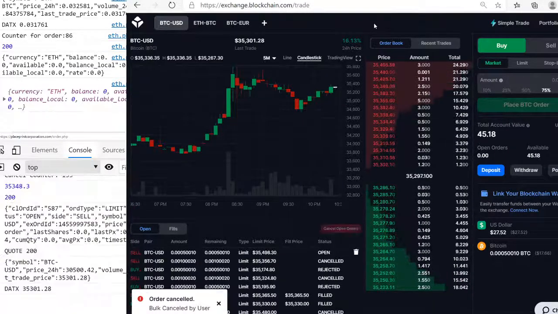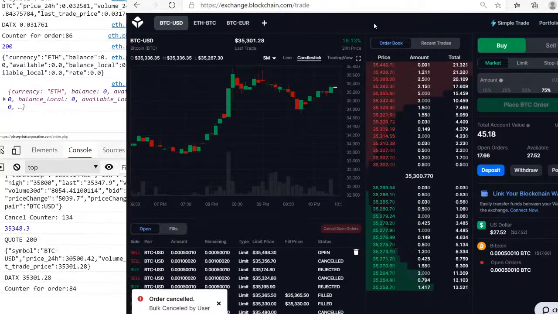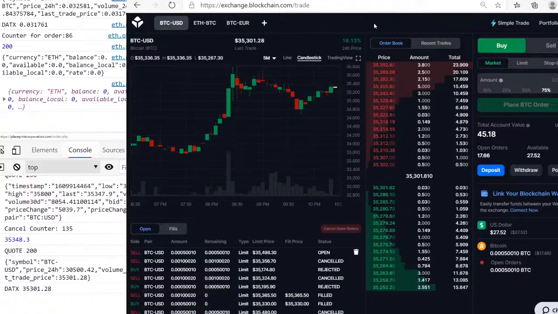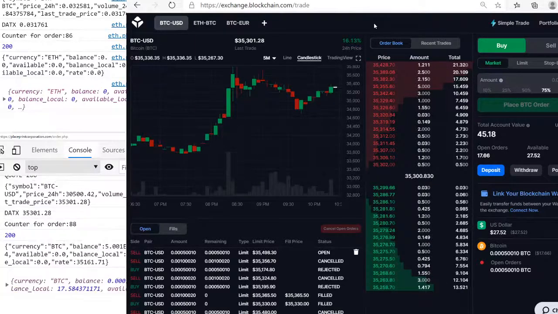Okay, cancel that order. Puts in at 35,498. So it was at 480, it actually pushed it up now to 498.30, because the market's kind of creeping higher, I guess. Bid's now 35,299.66.